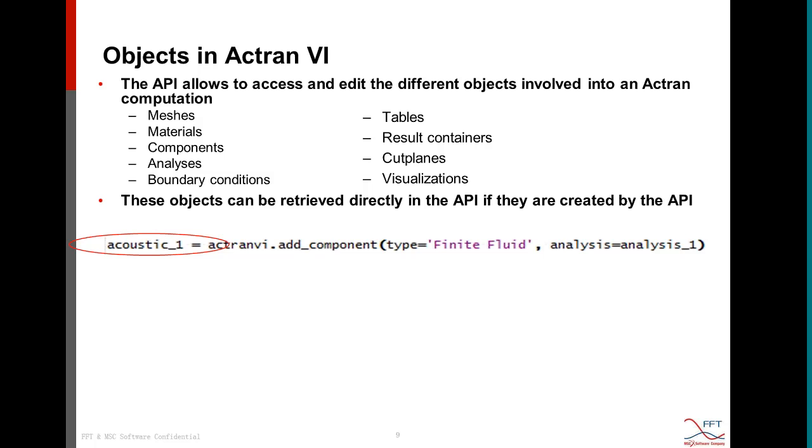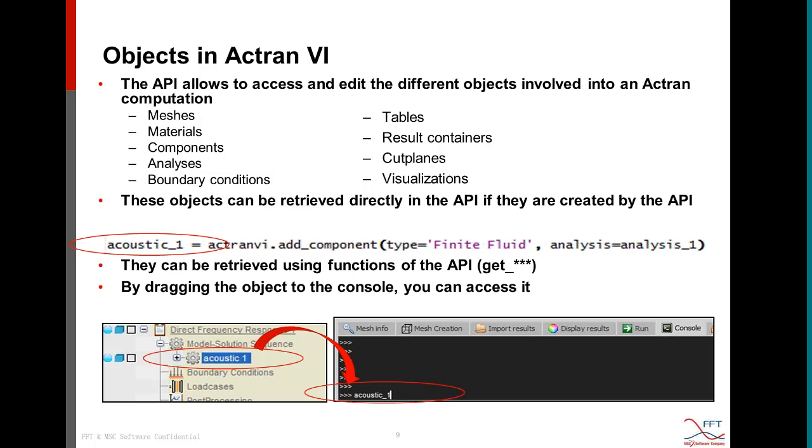So for example, this command creates an object called Acoustic1, which is a finite element component defining an acoustic cavity, like the inner cavity that we have seen in that ski cabin. This command is associated with this graphical user interface action.